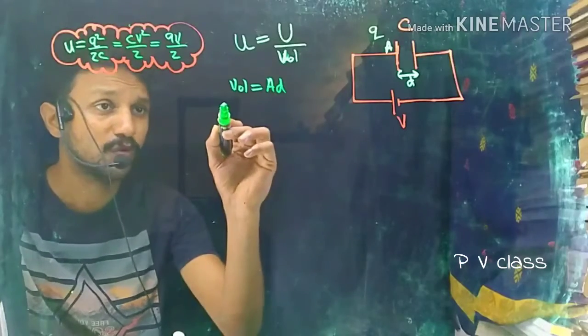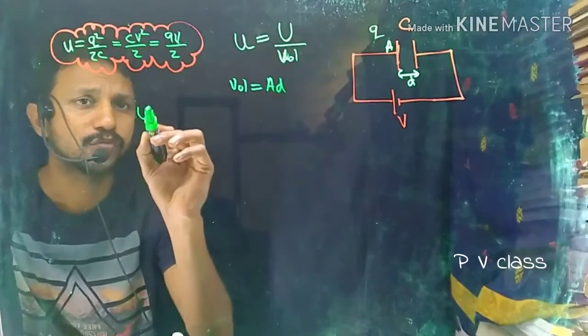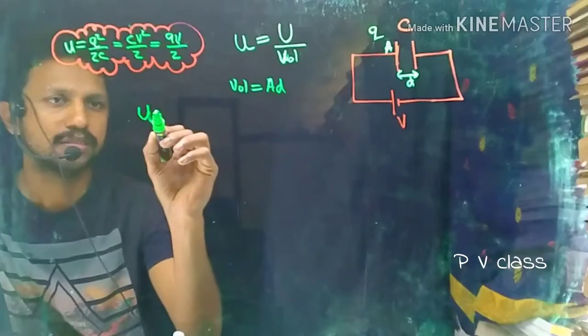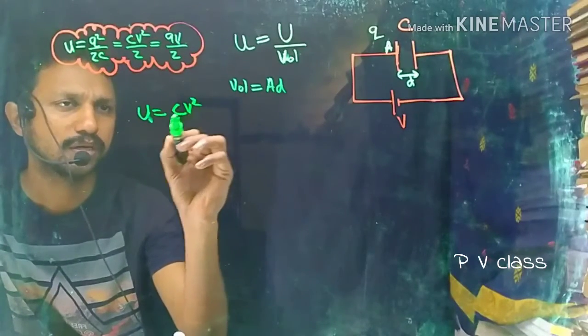Then we can use the expression for energy. I am writing it as capital U, energy as CV square by 2.